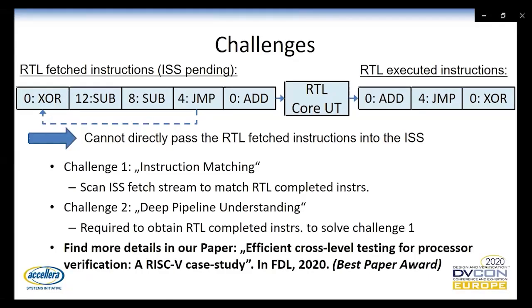Essentially, we address it by extracting the completed instructions on the RTL core and using them in combination with the ISS fetch program counter to search for a match on the instruction stream. However, extracting the completed instructions from the RTL core requires a deep pipeline understanding. You can find more details on the involved challenges and our solutions in our recent paper titled Efficient Cross-Level Testing for Processor Verification, a RISC-V case study.